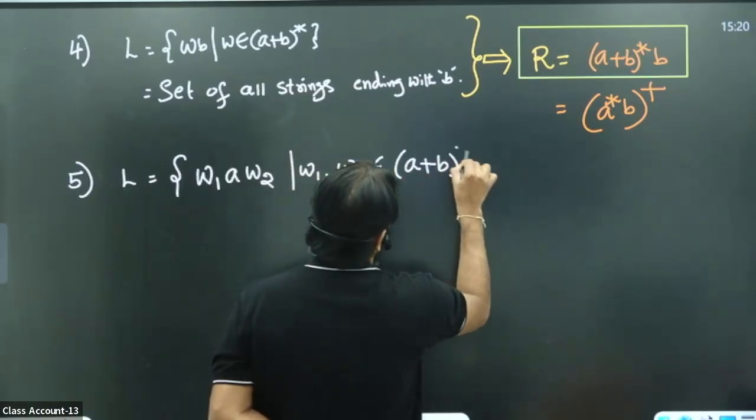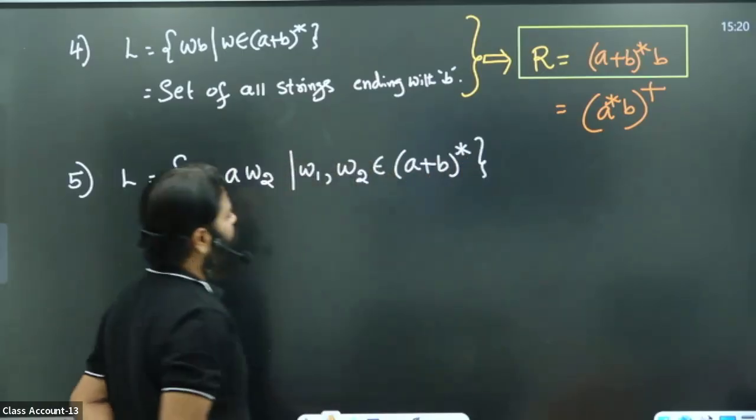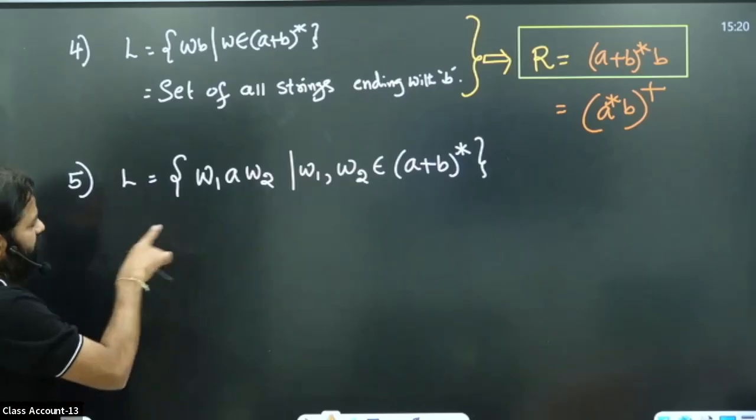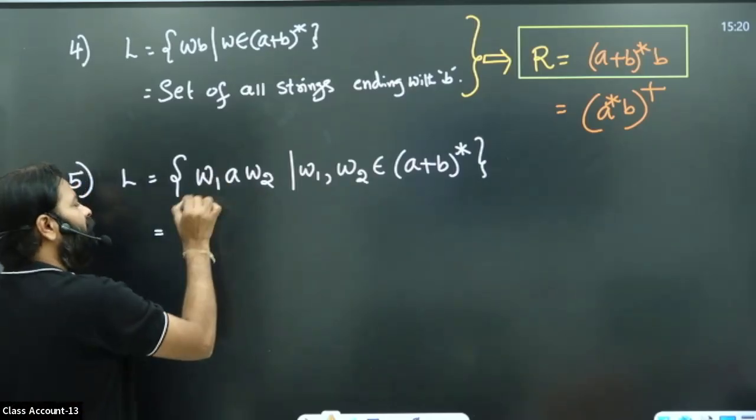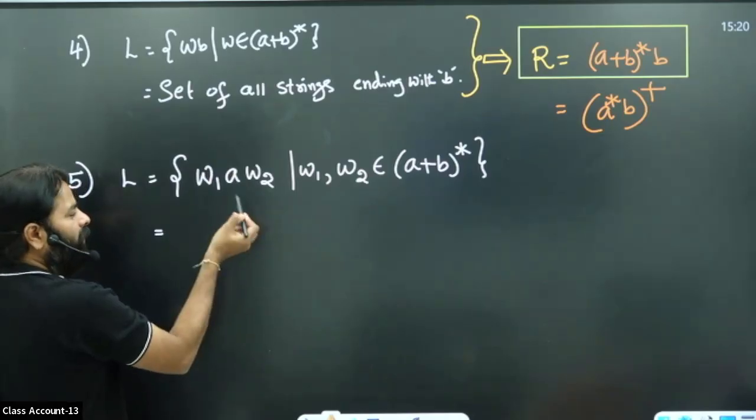So what is the language represented by this set notation? What does this represent? A is always there, w1, w2, whatever, right?